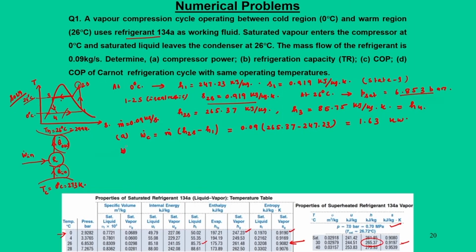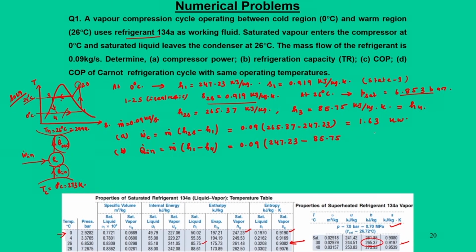Then refrigeration capacity, that is Q dot in, that is m dot (H1 minus H4), that is equal to 0.09 into (247.23 minus H4) is 85.75.